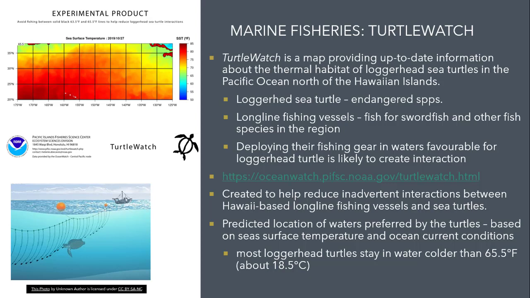Because of their endangered nature, there is need to monitor their habitat so that we know how to prevent contact with long-line fishing vessels, because those vessels go for swordfish and other fish species in this same region, north of the Hawaiian Islands.